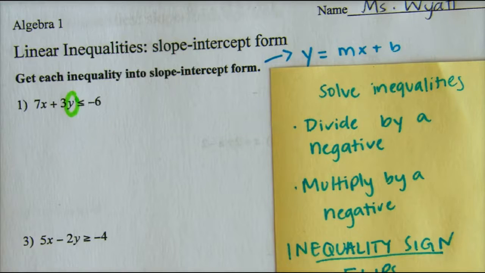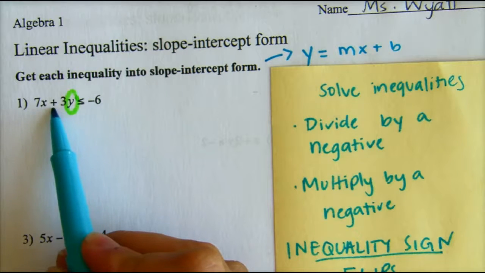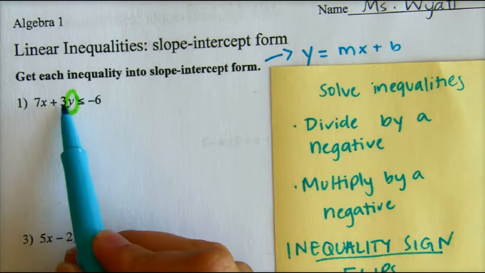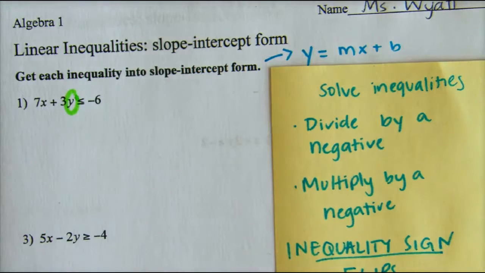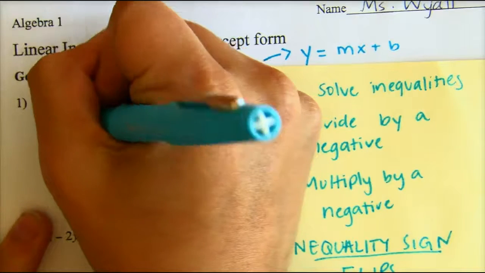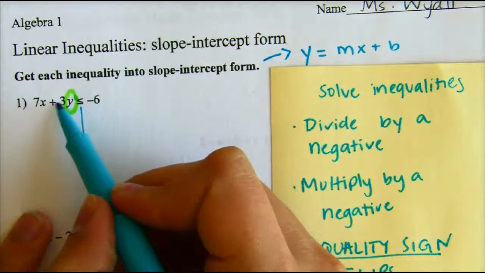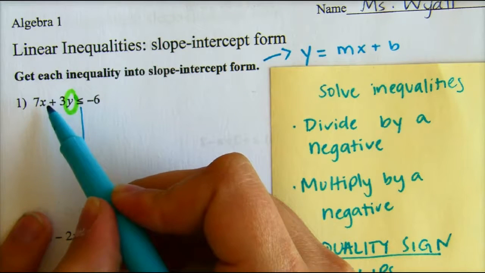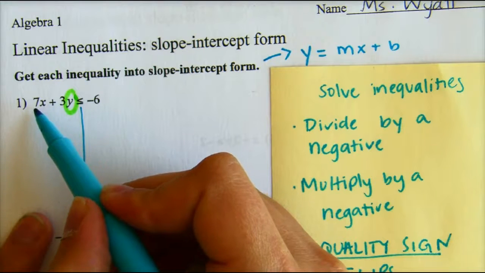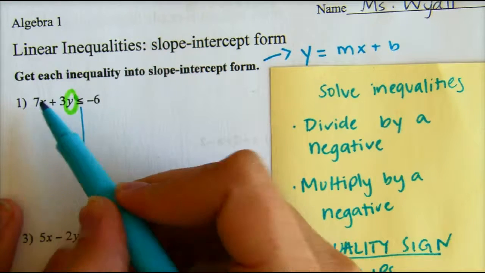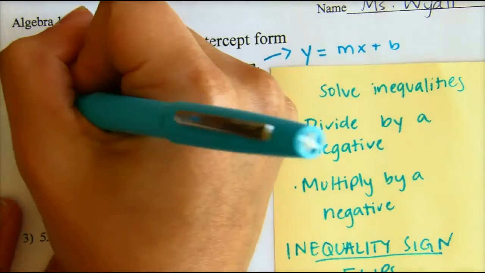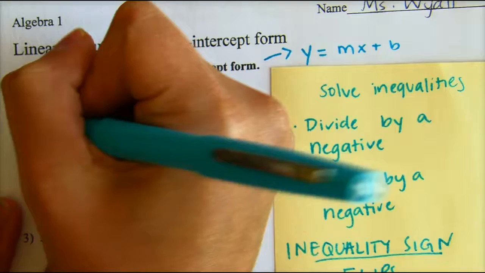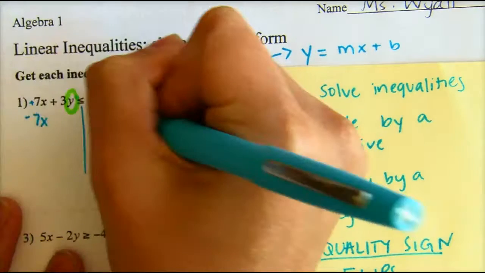Next, I'm going to look for what is being added or subtracted from my y. So where's the plus sign and what's on the other side of that plus sign? The other thing you could think about is what's the term that's on the same side of my inequality sign, over here, that doesn't have a y? Well, 7x doesn't have a y, so to get rid of it, I'm either going to add or subtract it. Since this is a positive 7x, I'm going to subtract 7x to get rid of it.